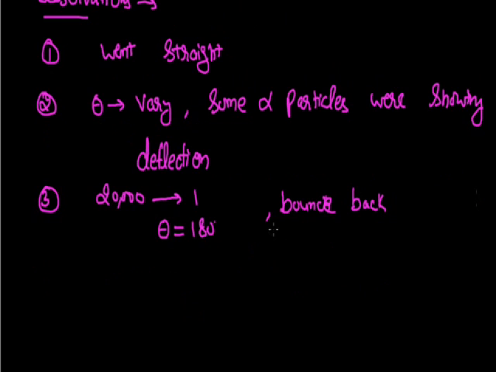Now, these were the observations of Rutherford's experiment. If on the basis of Thomson's atomic model we try to explain this, then according to Thomson, since he assumed the atom as a positively charged sphere, whenever we bombard alpha particles on this positively charged sphere, there will be repulsion between the positively charged alpha particle and the positively charged sphere, and due to the repulsion there should not be any alpha particle which goes straight.